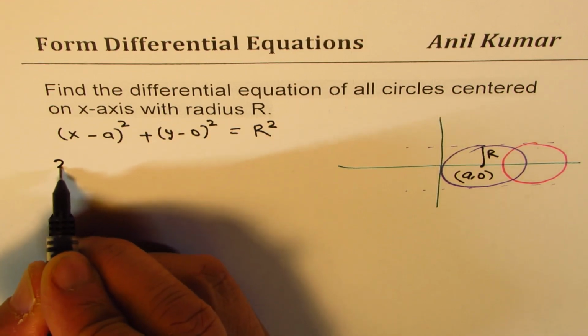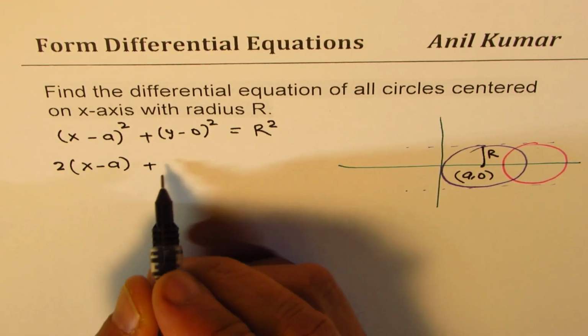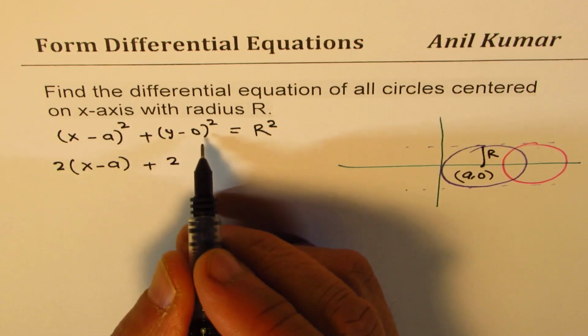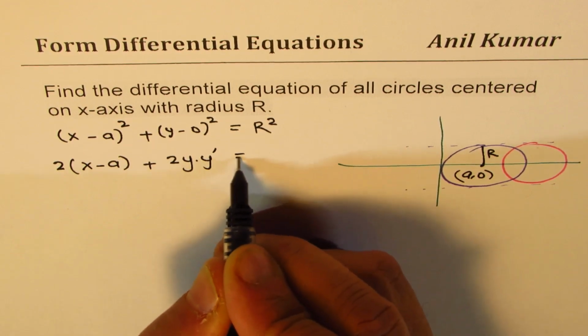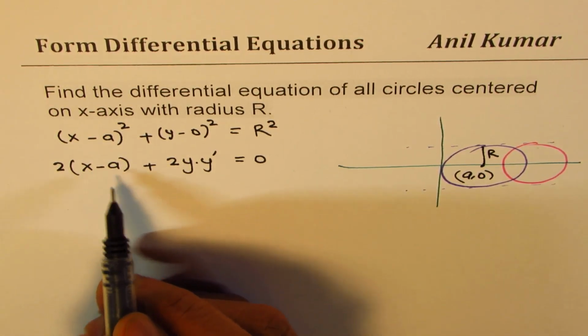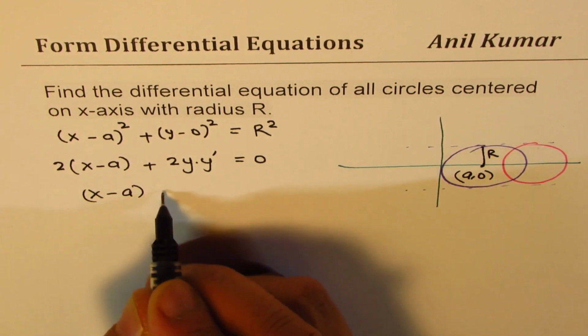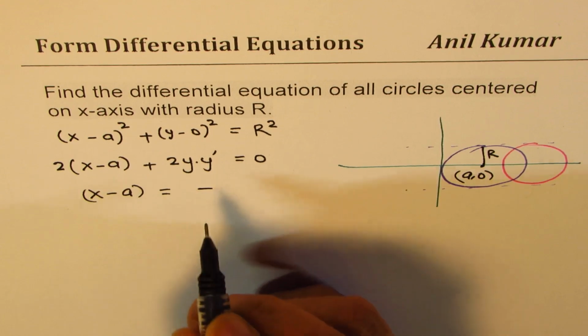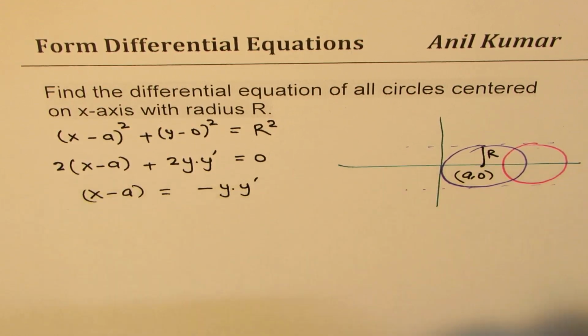So differentiating, we get 2 times (x minus a) plus 2 times, this is just y, y prime equals 0. From here we can find what x minus a is. So x minus a is equal to minus y prime, correct?